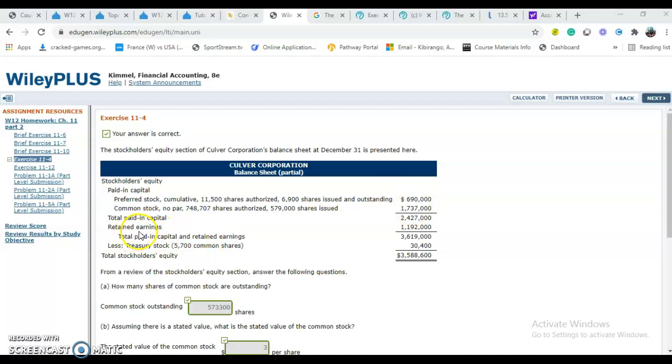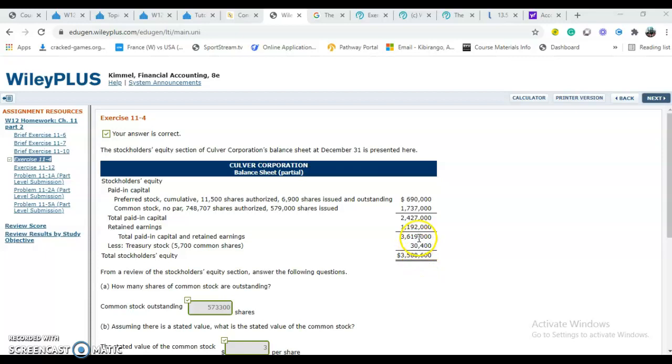Then the retained earnings is 1,192,000, and the total paid in capital and retained earnings is 3,619,000, which is a total of these two, less treasury stock 5,700 common shares, and the total stockholders' equity is 3,588,600.